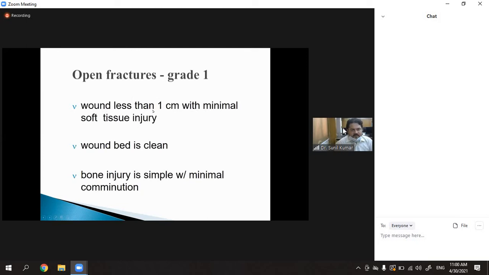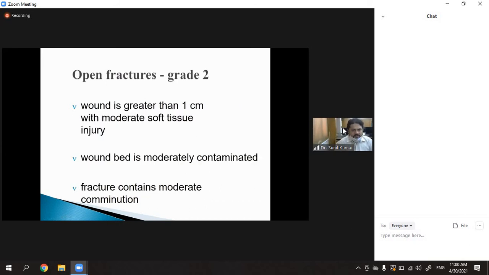Grade 1 is a wound less than 1 centimeter with minimal soft tissue injury, and the wound bed is clean. There is a clean wound, less than 1 centimeter, minimal soft tissue injury, and the bone injury is simple with minimal comminution, then it will be a grade 1 fracture.